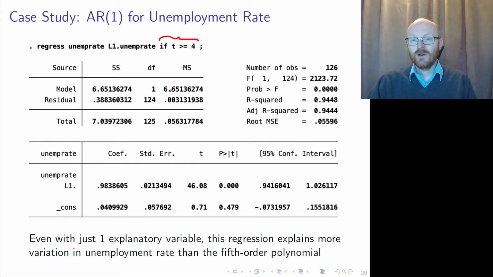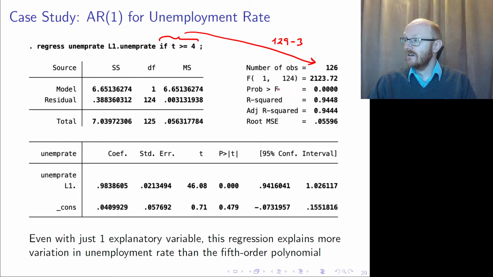You remember from the polynomial example that we had 129 data points, so 129 minus 3 equals 126. So now we are only using 126 data points to estimate the regression.